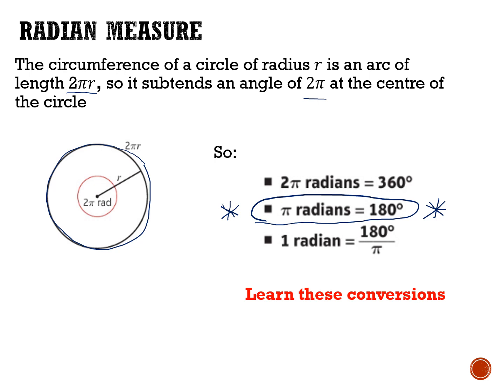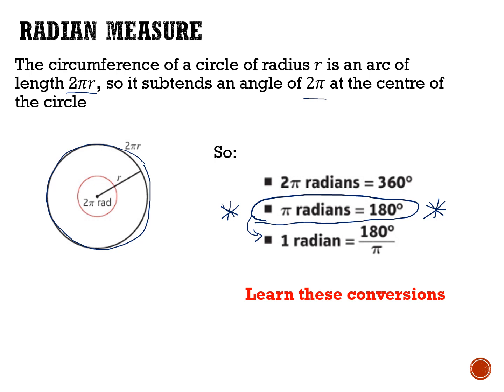And if you remember that, you'll get this fact here as well, which tells you that 1 radian is 180 over pi. So you've got to find a way of remembering that. The one I remember is pi radians is 180 degrees. So it's important to make sure you've got that written down.